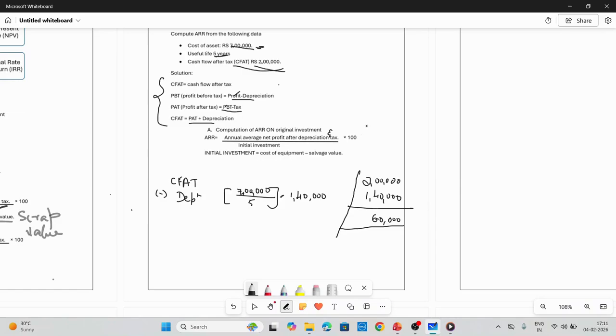Profit is 60,000 divided by initial investment. What is the initial investment here? It's 7 lakh. So 60,000 divided by 7 lakh into 100 gives 8.57%.